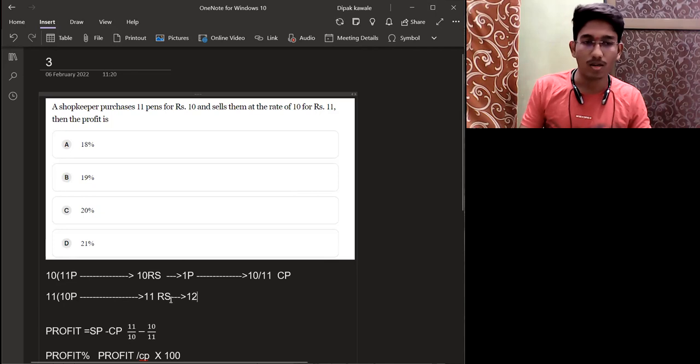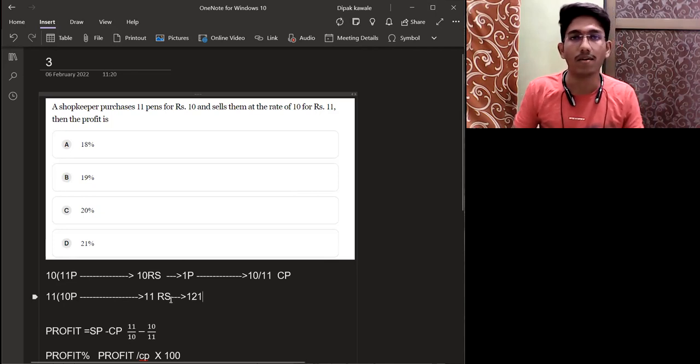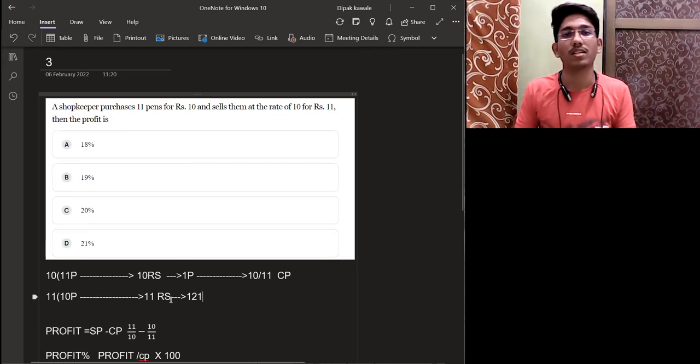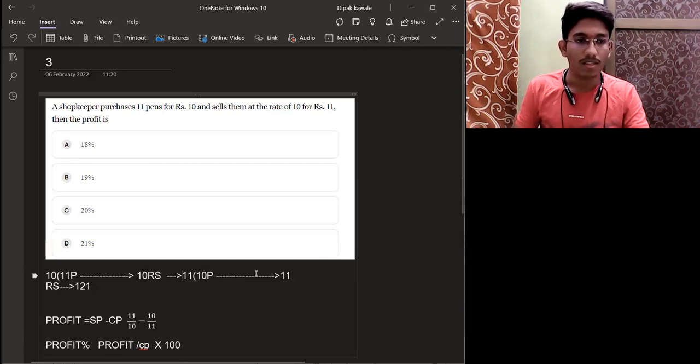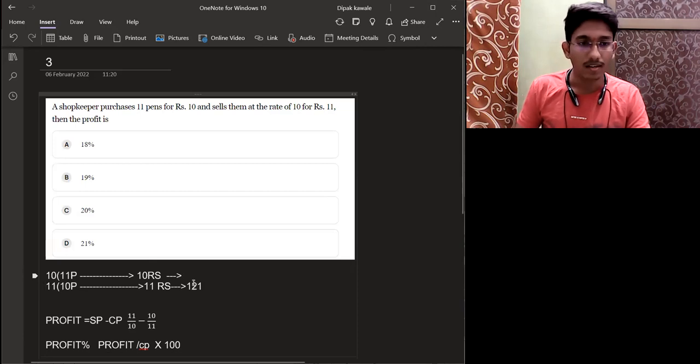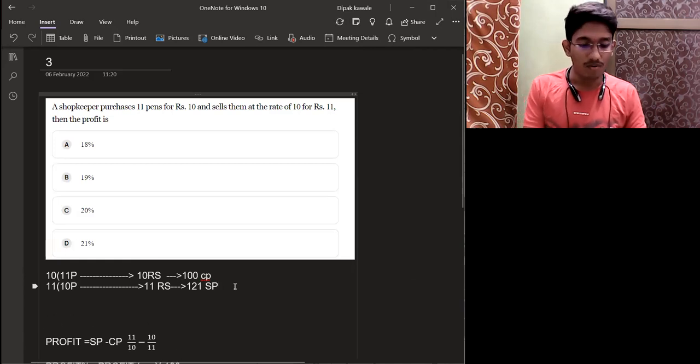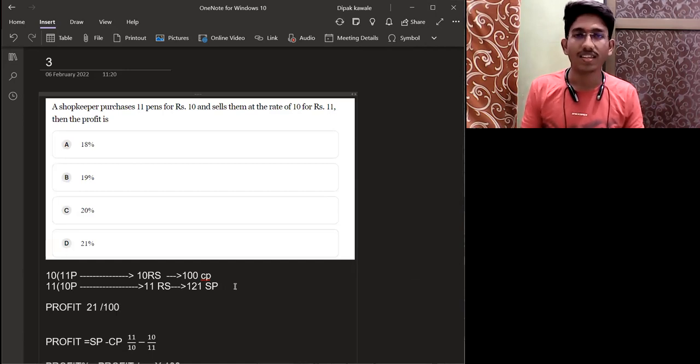11 will become 121, because 11 multiplied by 11 is nothing but 11 square. 11 square is nothing but my 121, and my 10 multiplied by 10 is nothing but my 100. So this is my cost price, this is my selling price. My profit will be 21, and I have to compare it with whose value?